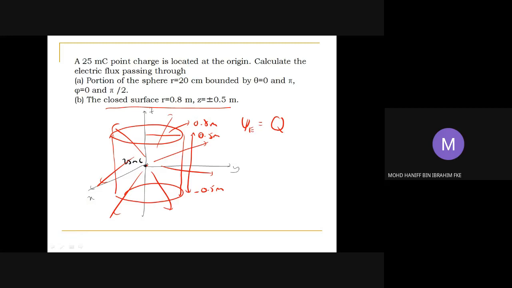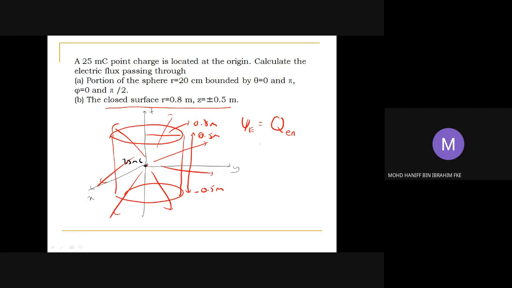So it can be said now that the total electric flux shall be equal to the enclosed charge, the charge enclosed by this closed surface. Based on this diagram, your 25 millicoulomb charge is located inside this closed surface. So the amount of flux leaving or passing through the closed surface should be equal to the charge enclosed inside it.